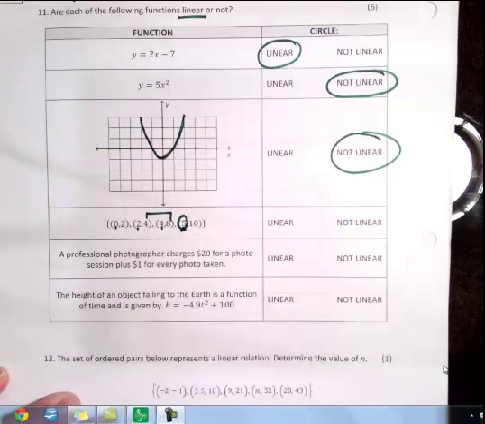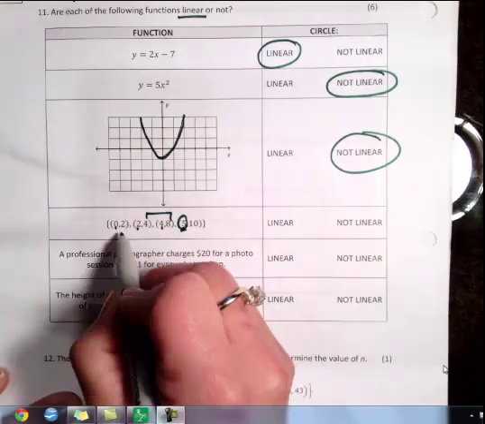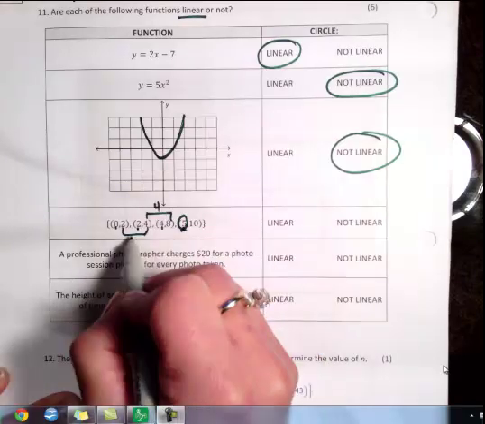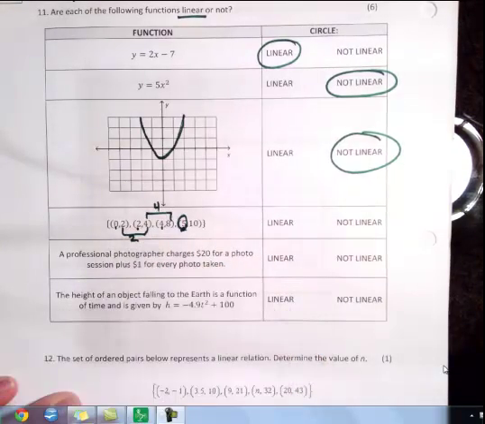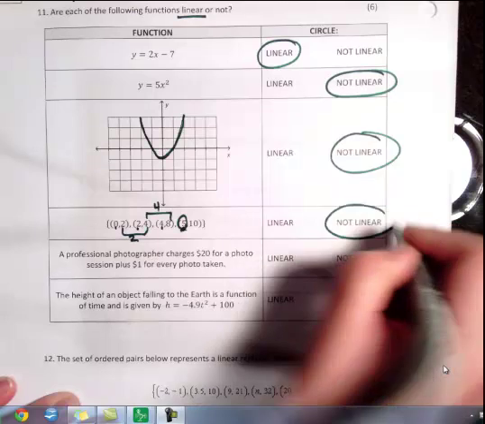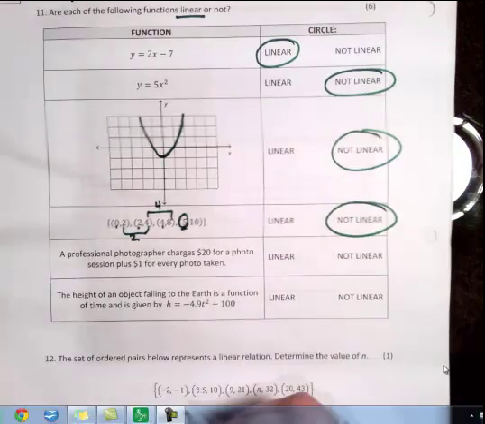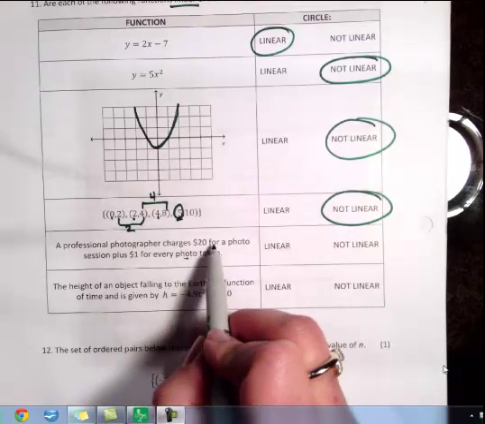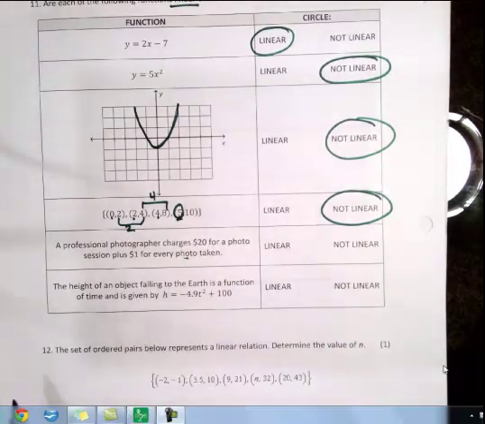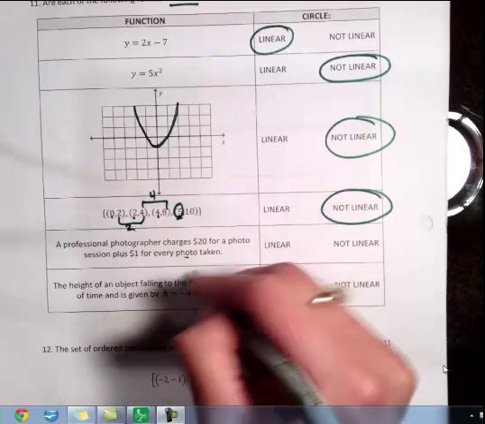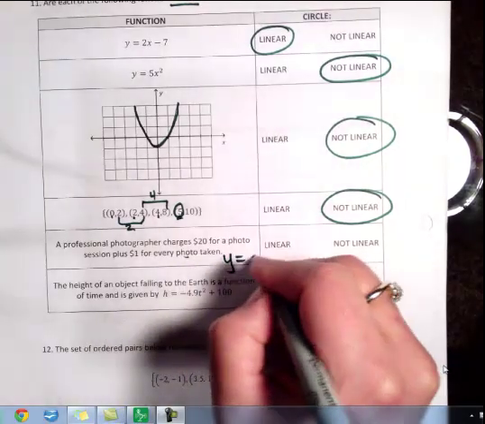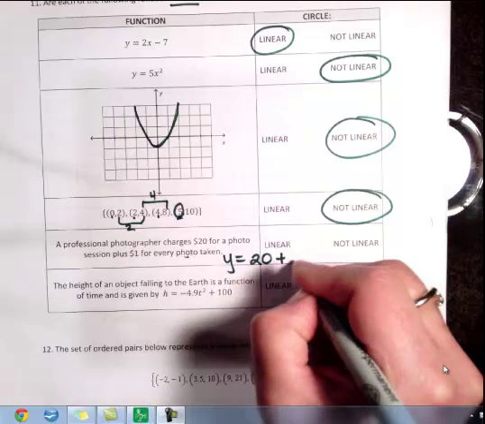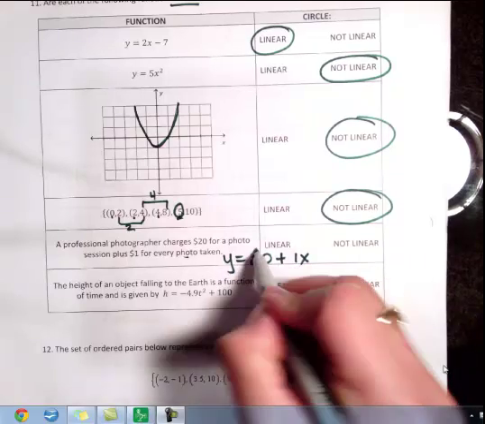Notice the difference from there to there is 4, and from here to here, it was 2. So there's all sorts of strange things happening here. So this one is not linear. And we've got a professional photographer who charges $20 for a photo session plus $1 for every photo taken. So this equation is actually going to look like y equals 20 plus 1x, and that is linear.